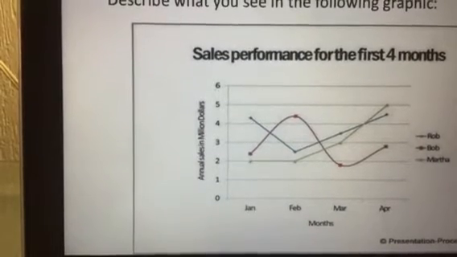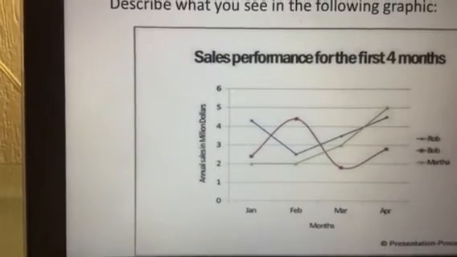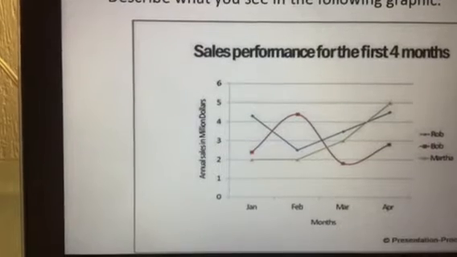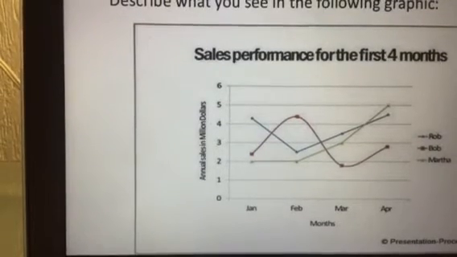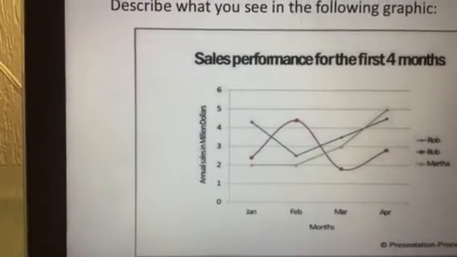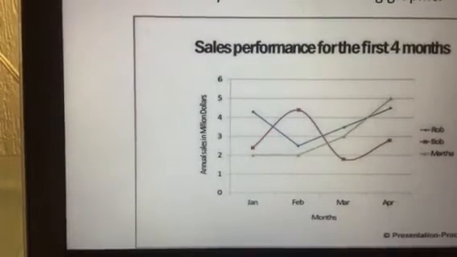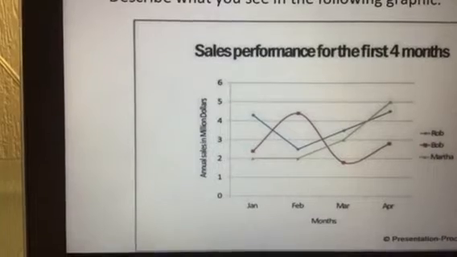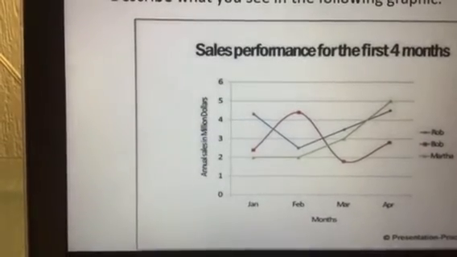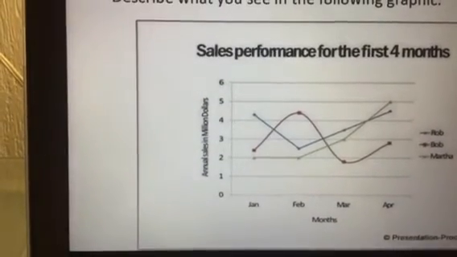Then we're going to be able to see Marta. Marta started the year with the weakest sales. She started January with 2 million sales. Then she continued with February on $2 million sales.